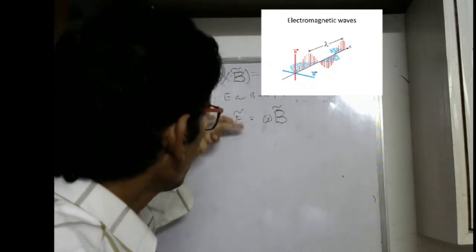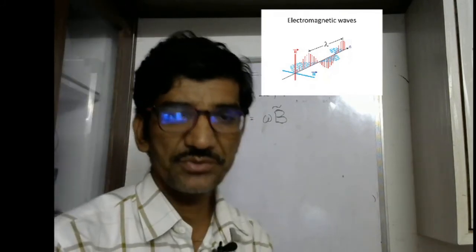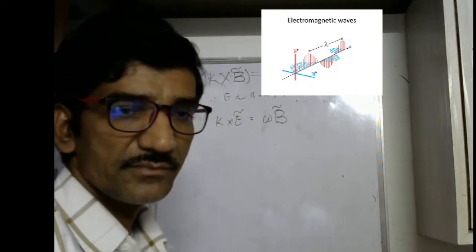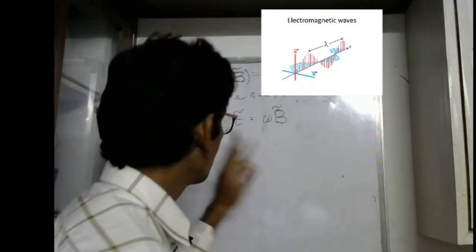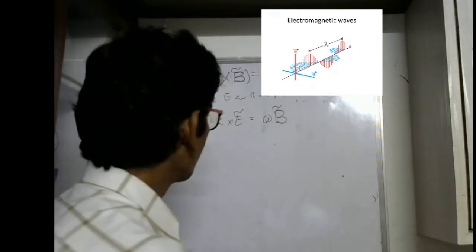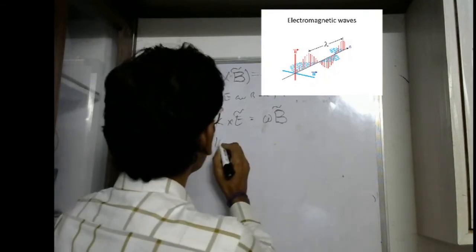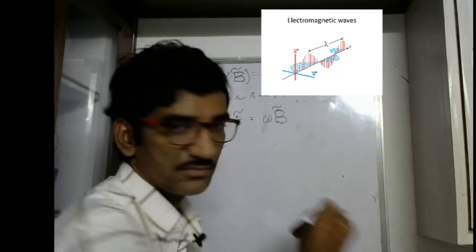Either using this or this, we are able to find the relation between the amplitudes or the magnitudes of the E and B fields. Simply, this is the K vector.